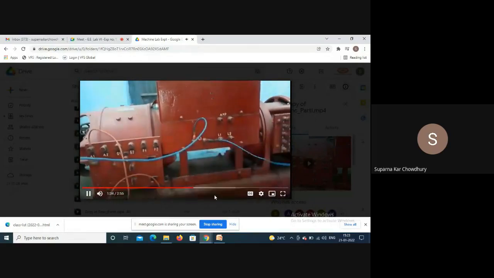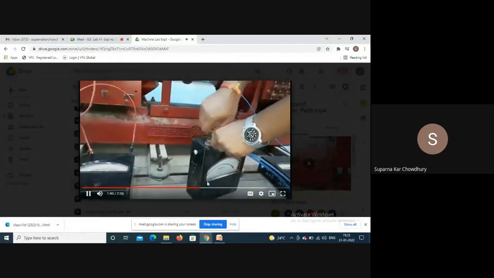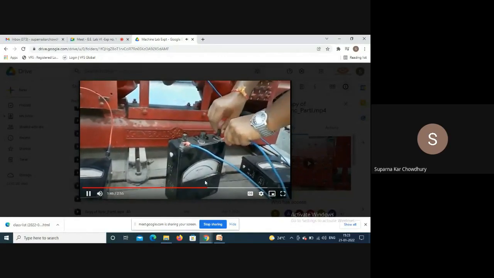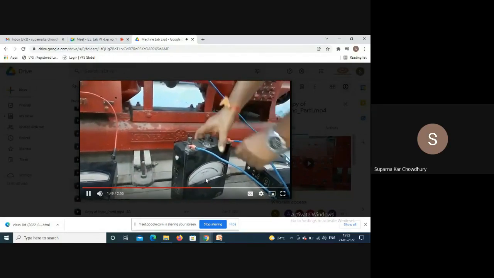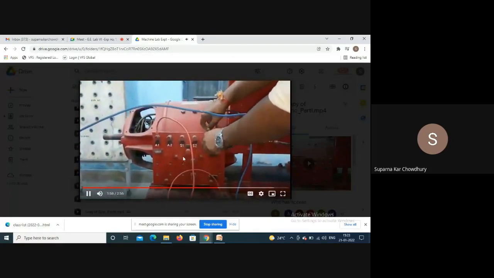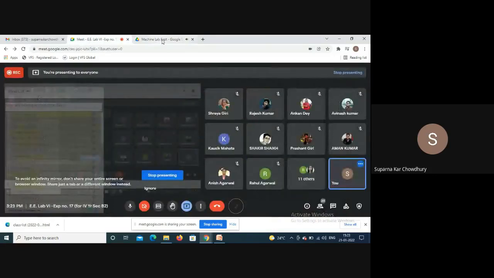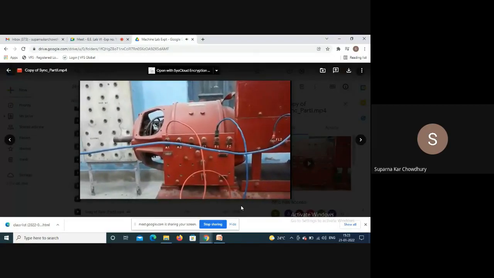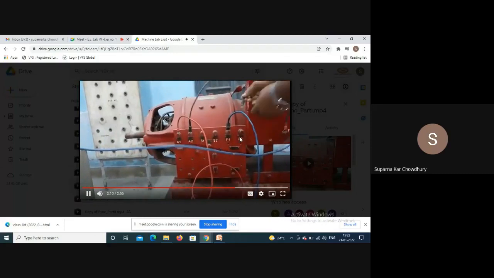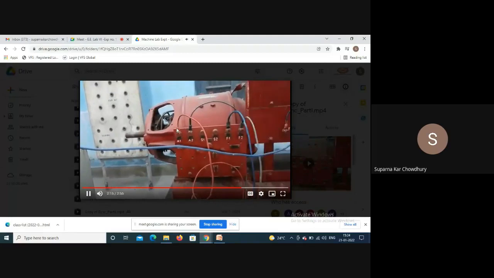So after that we have the ammeter. Then these 2 points A2 and F2 have to be shorted. And from here we will have a connection to L1.